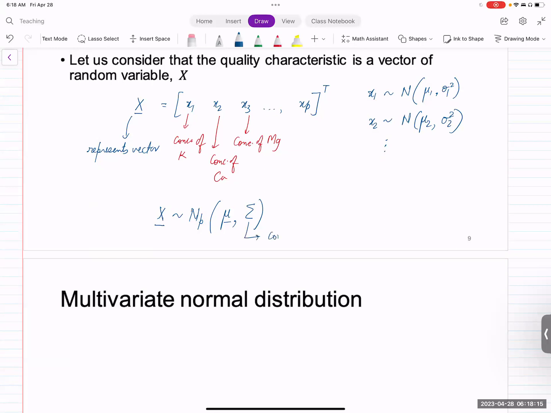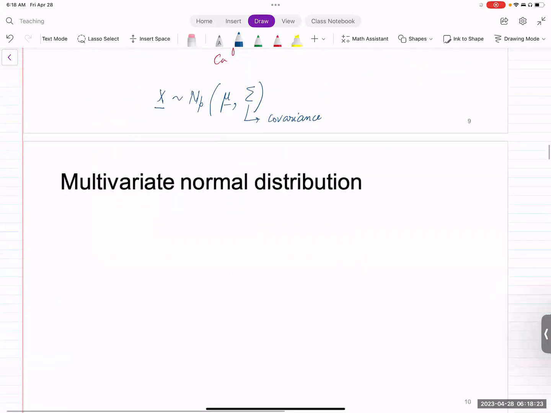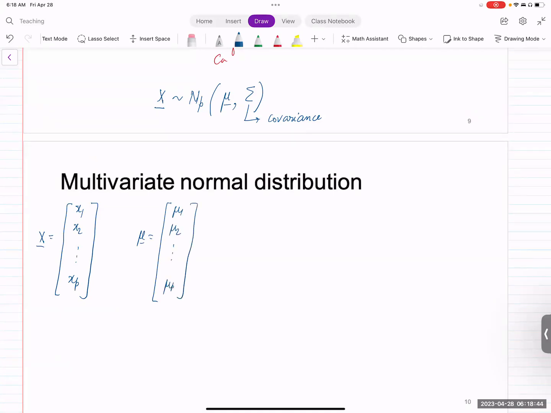This is your covariance. And now let's look individually at X, mu, and sigma. So X is clear. X is your column vector, X1, X2, up to XP. Your mu under bar is equal to mu1, mu2, up to mu p.